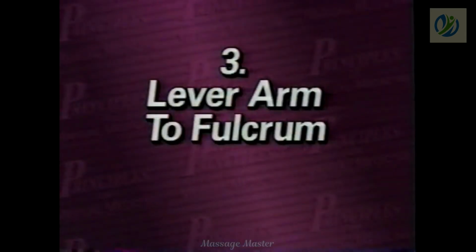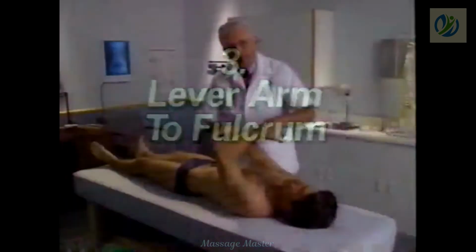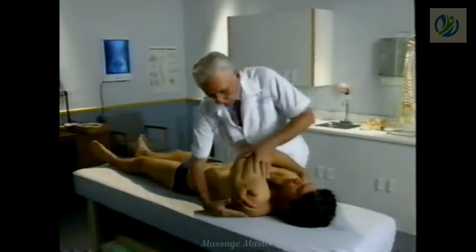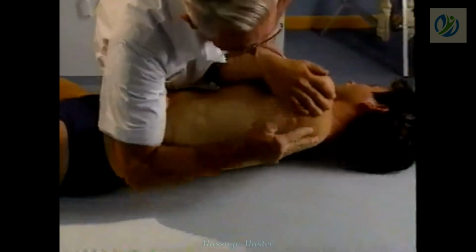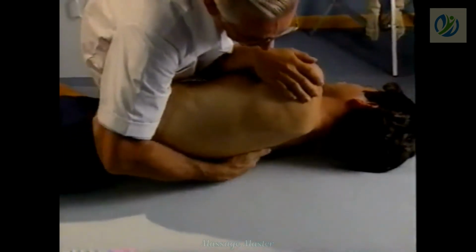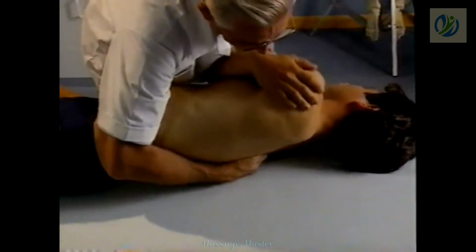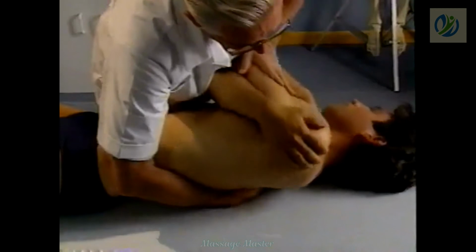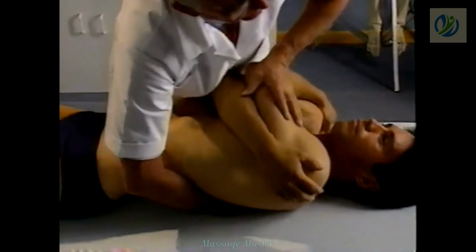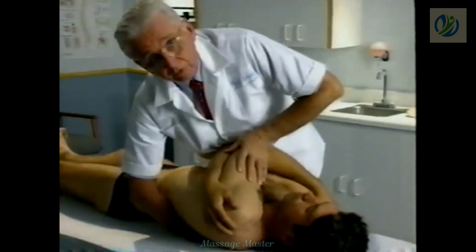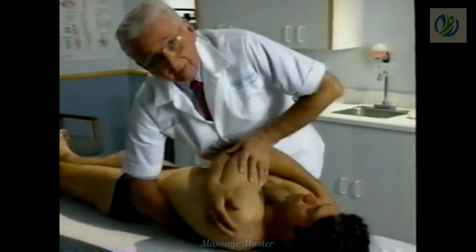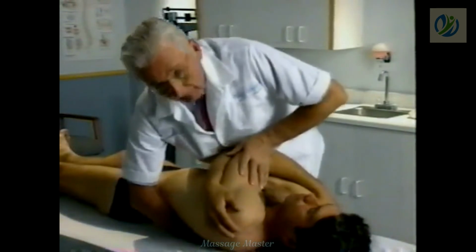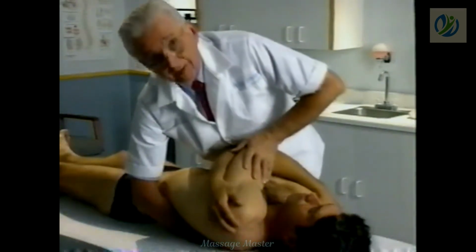The third principle is that after establishing the lever arm, we will roll the patient to us to appropriately place the fulcrum on the inferior vertebra of the motion segment. Now it is important that we take the patient back to the midline before we introduce any other motion, and that we identify the lever arm and the force through my body on it so that it is at the fulcrum.